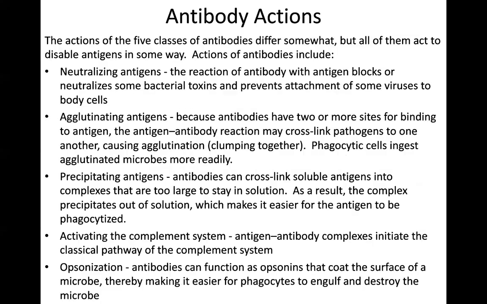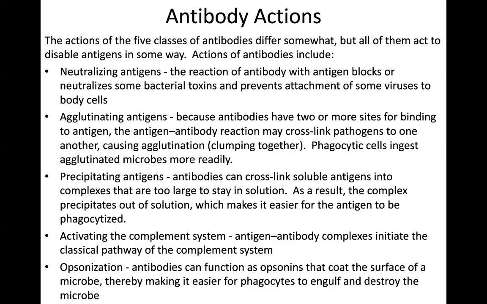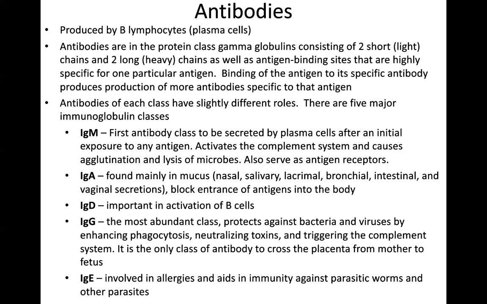If we go to the next couple pages, we can see they have some pretty cool shapes. Some of them have this nice traditional Y shape. Some of them, to me, always look like a snowflake, but there are specific sites, and they're not labeled, and that's okay, where they would bind to an antigen, and the light and heavy chains are in there as well.